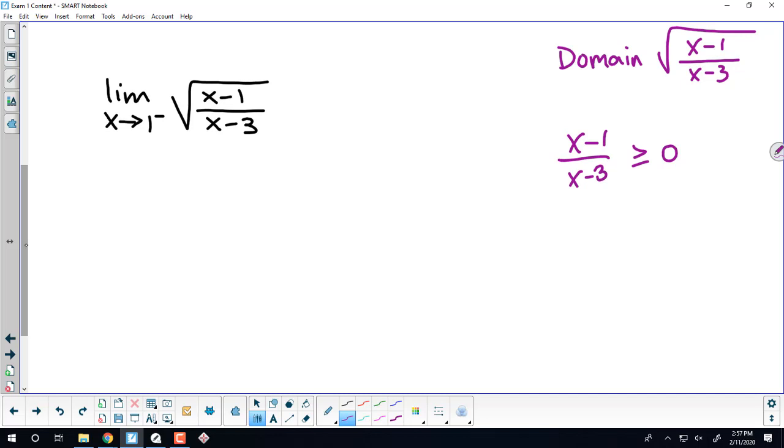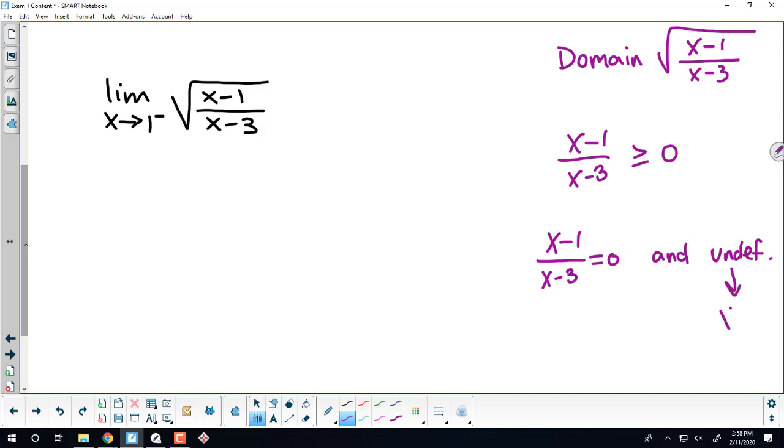And really, we answer that question not by graphing this and seeing where the function is above or below the x-axis, but that's kind of tedious. What we do say is, when does this function equal 0? And when is it undefined?